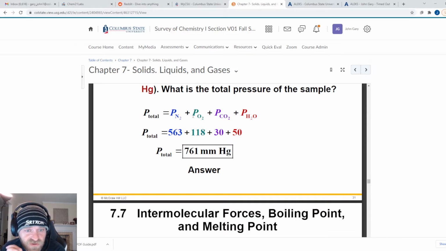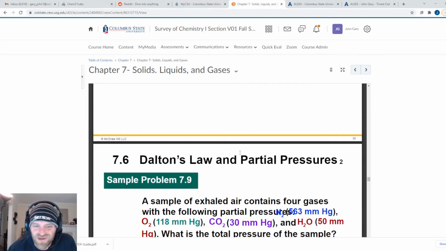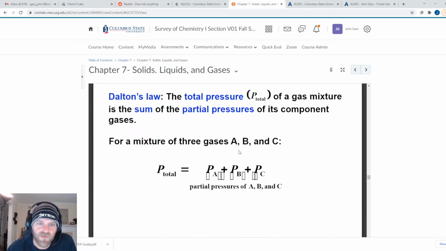They'll give you a pressure for each gas, and then you add them all together to get the total pressure of the container or the atmosphere or whatever it is that they're asking you about. So that's Dalton's law, and it's pretty straightforward.